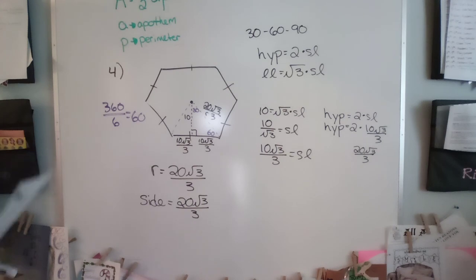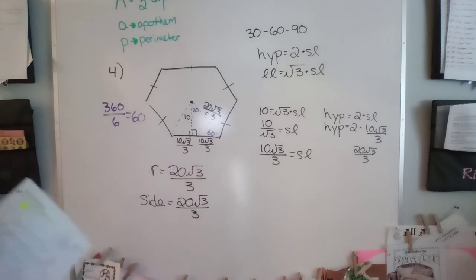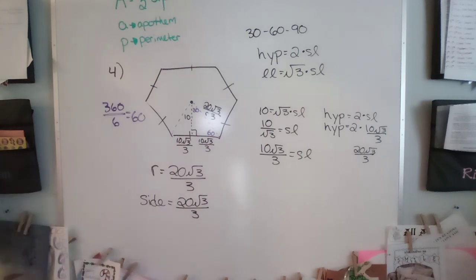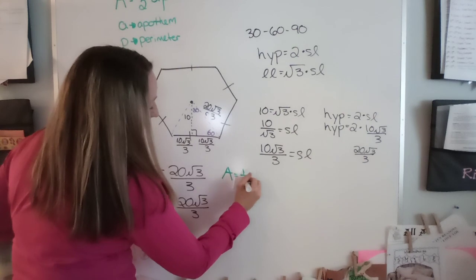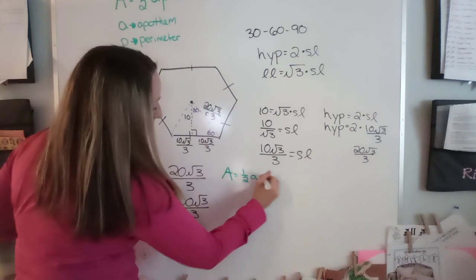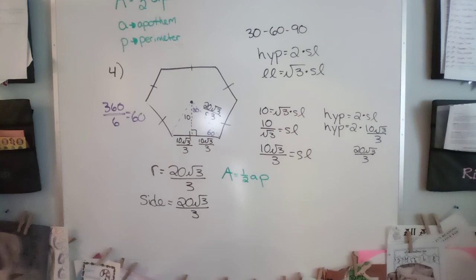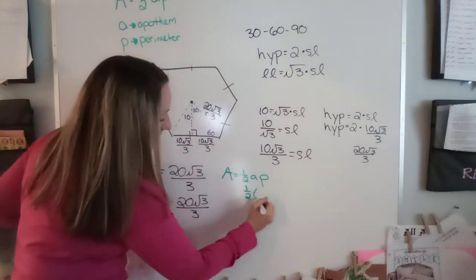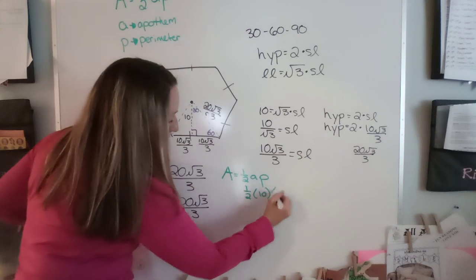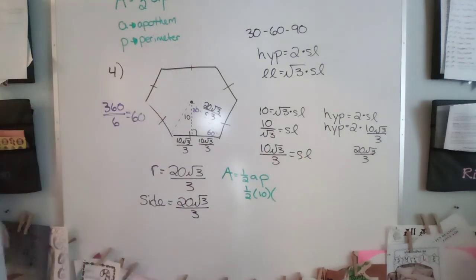All right? And finally, the last part is to find the area of the hexagon. So to find the area, we're going to be using that new formula. Area is equal to 1/2 apothem times perimeter. The apothem was given as 10, so that's easy. 1/2 times 10. The perimeter is a little more challenging, but not too bad.